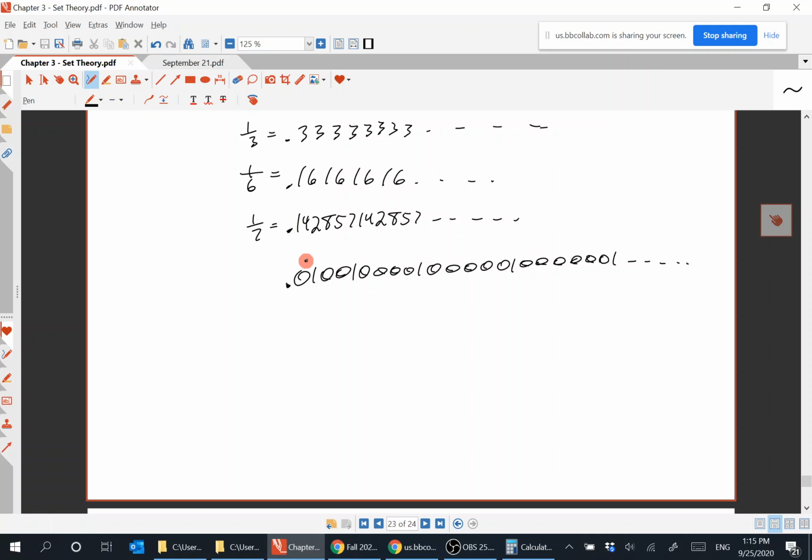So like 1 over 70 is 0.0142857, 142857. 1 over 60 is 0.101616. Those are different numbers. But how can you get non-uniqueness? How does one decimal expansion equal another decimal expansion numerically? There's only one way in which it happens.